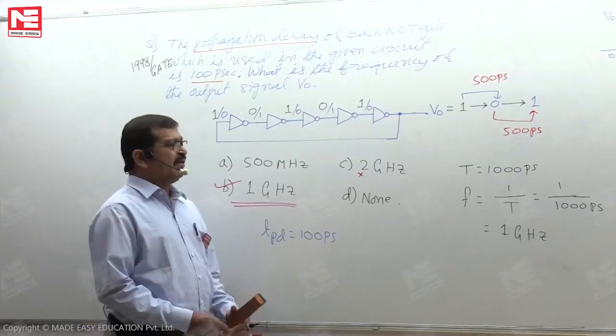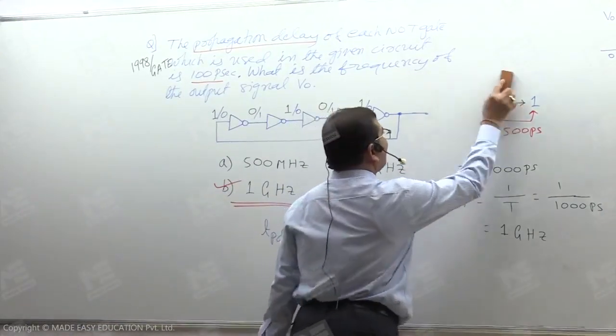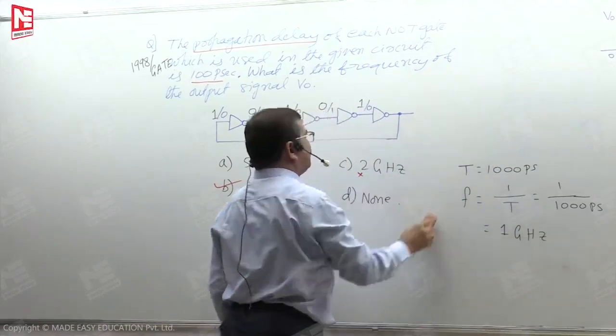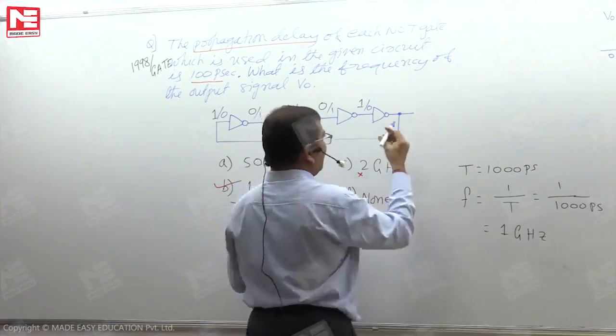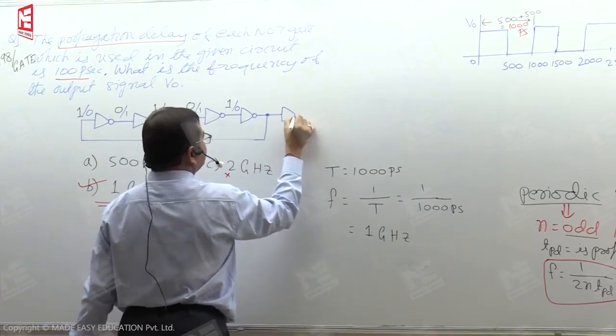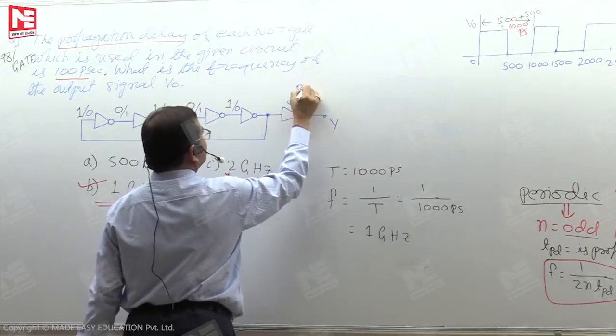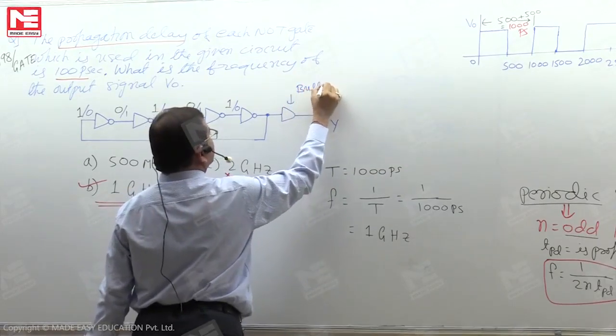Suppose, as a matter of interest, after this fifth NOT gate, we have a gate that is a buffer gate.